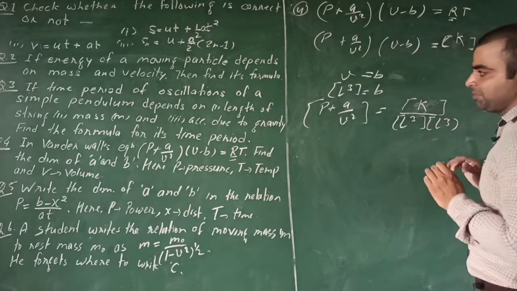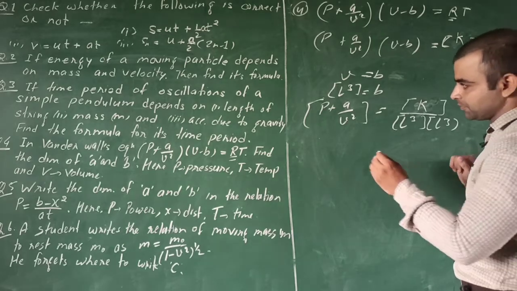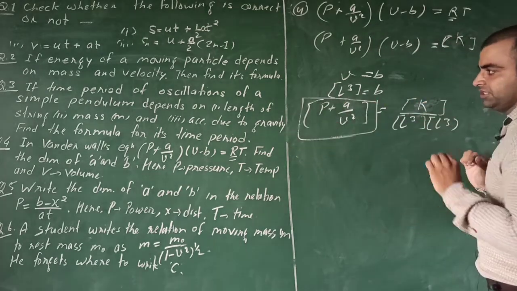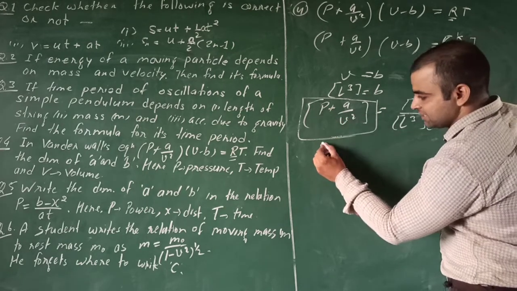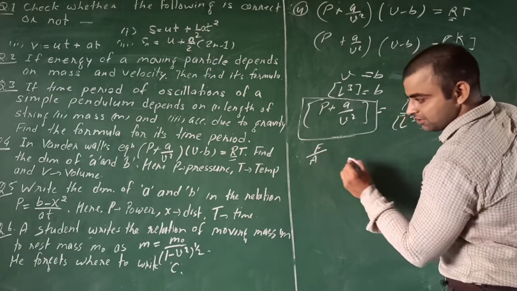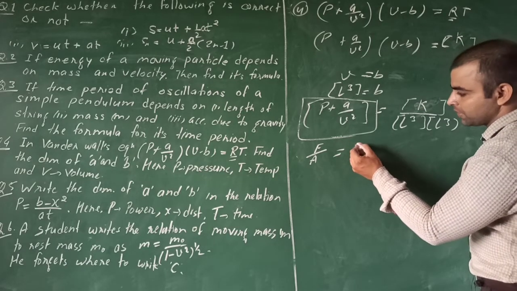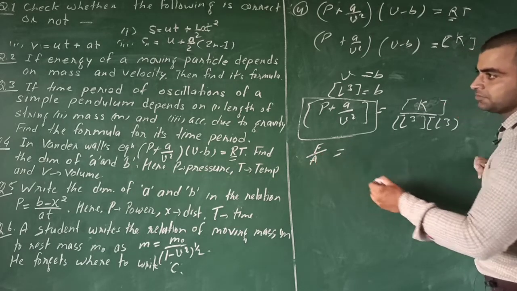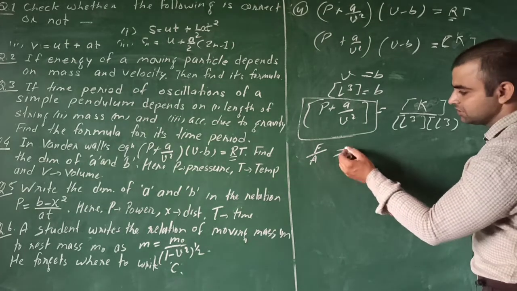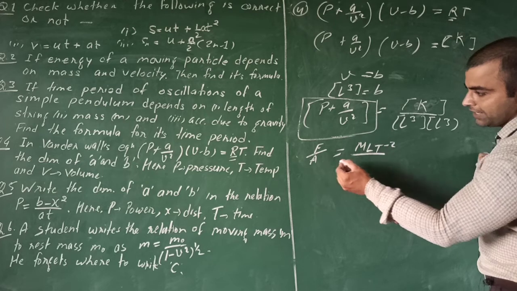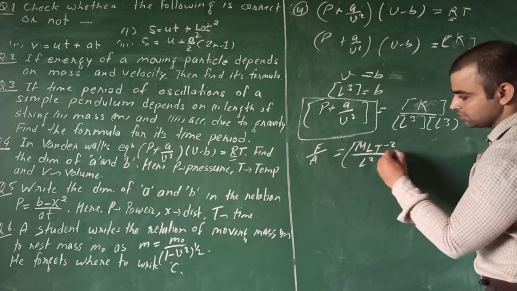P is the pressure, and we have to find the dimension of pressure from this only. Pressure is force by area, and we know the dimension of force: force is M L T minus 2, and area is L square.